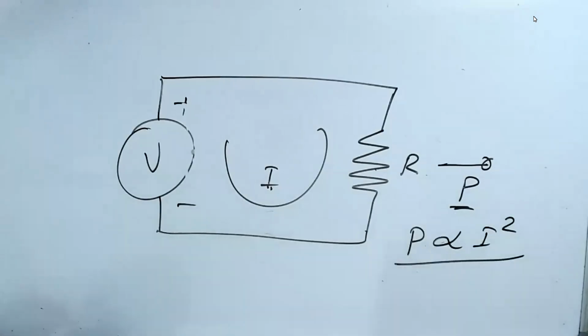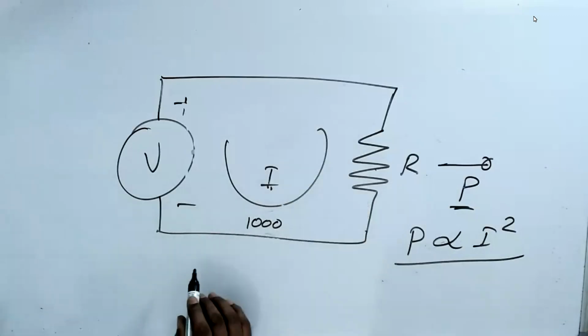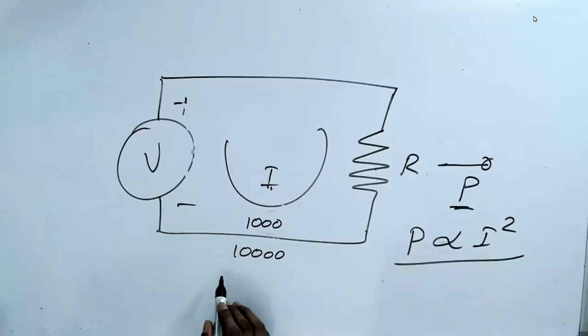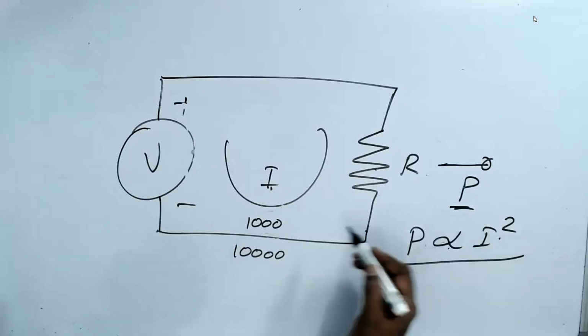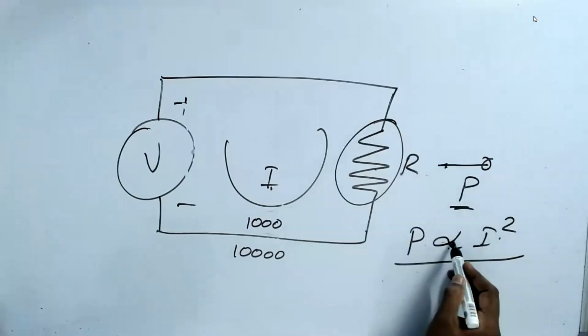Understand? Not I. If I have about 1000 electrons flowing and it becomes 10,000, it's not exactly proportional. So the power is proportional to I square.